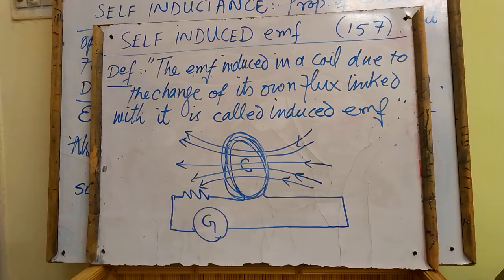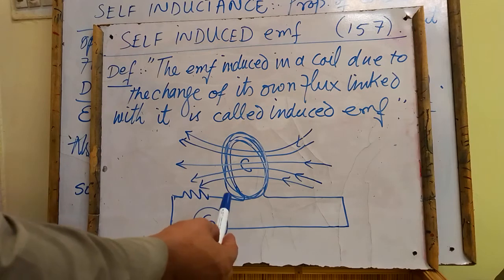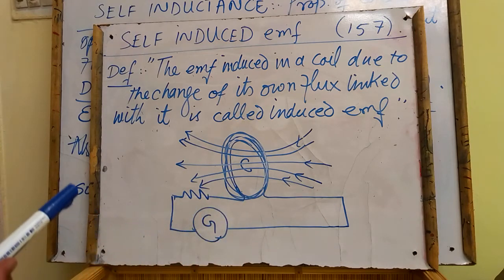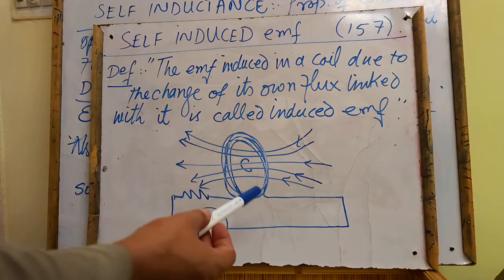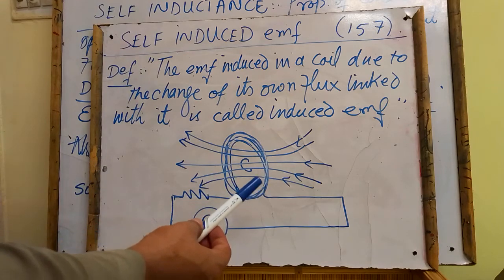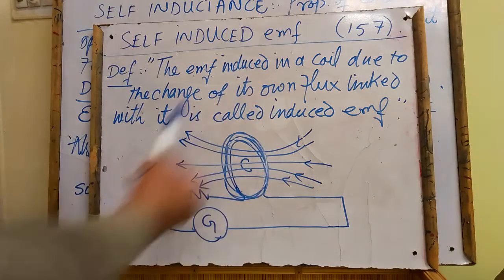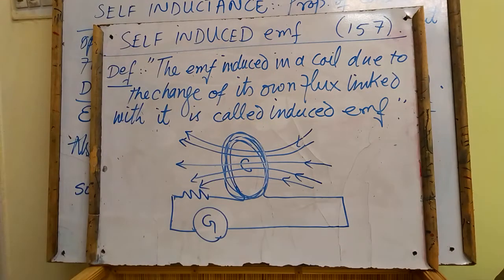This is self-induced EMF. When the current in a coil changes, the self-induced EMF opposes the change of the current in the coil, which is known as self-inductance, or simply inductance.